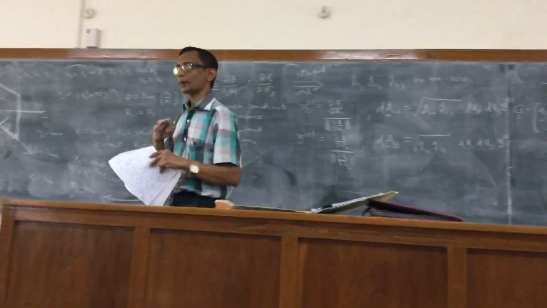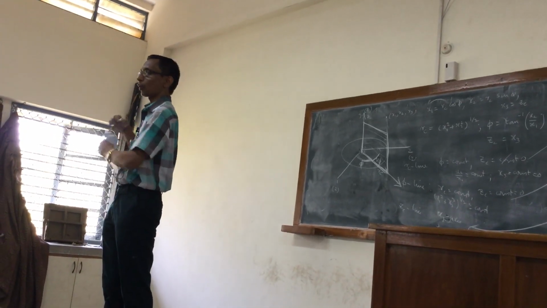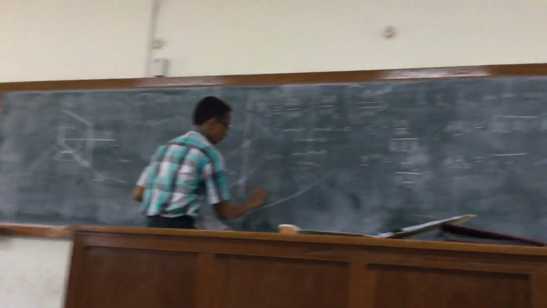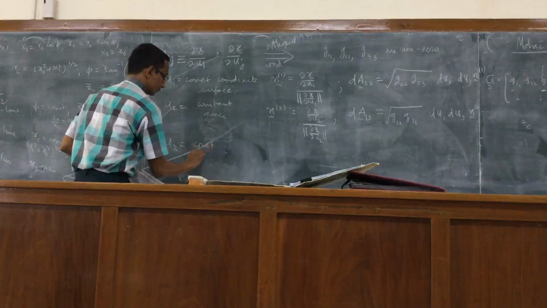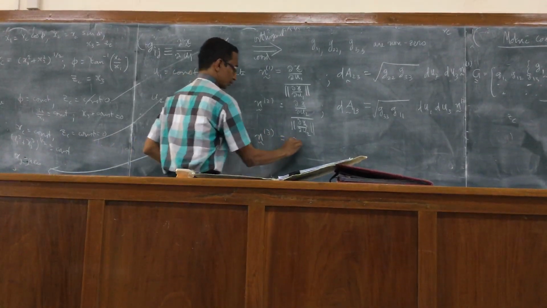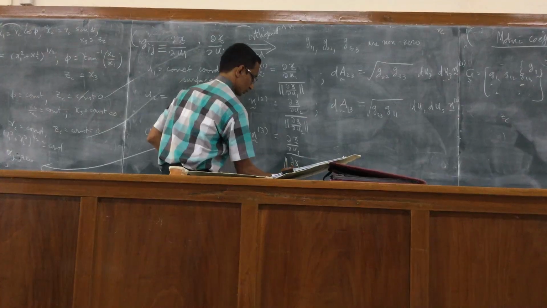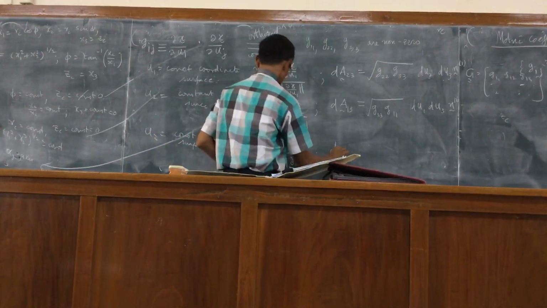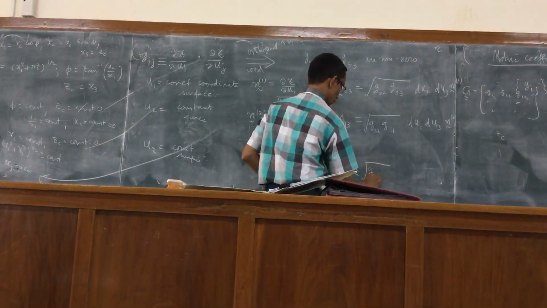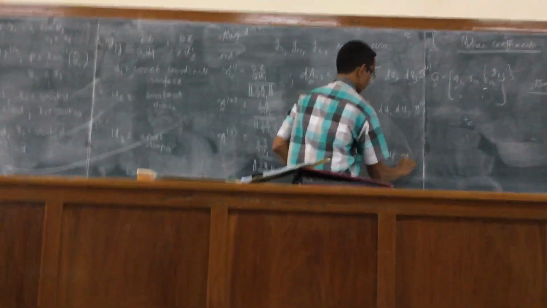These basically represent some kind of transformation that you do when you convert integrals in one set of coordinates to another coordinate system. For the u3 equal to constant surface, it would be again similar, and dA12 would be square root of g11 g22 du1 du2.